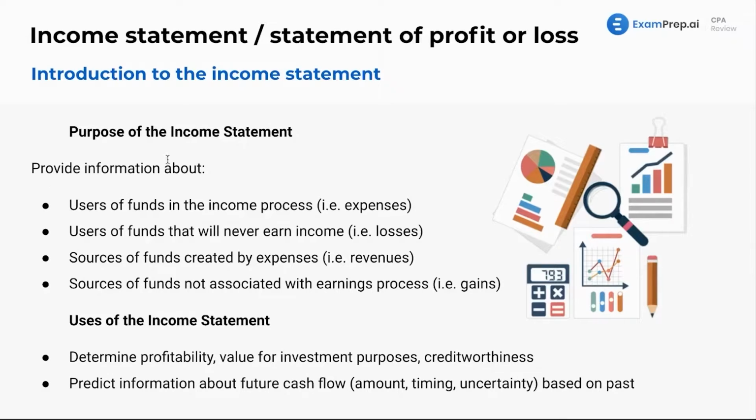All right, so the purpose of the income statement: we want to provide information about the income process. So expenses, income, uses of funds that will never earn income, sources of funds created by expenses, and sources of funds not associated with the earnings process. All right, so what are we doing with the money we make? How are we making that?